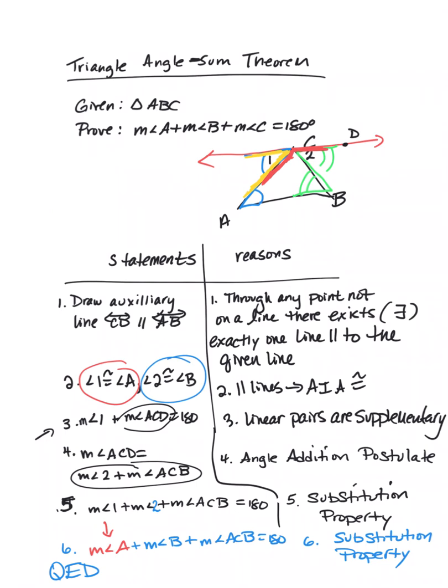Okay, so let's take a look at another proof that may be of interest to you in this unit. And that is going to be to prove that the exterior angle of a triangle is equal to the sum of the measures of the two non-adjacent interior angles.